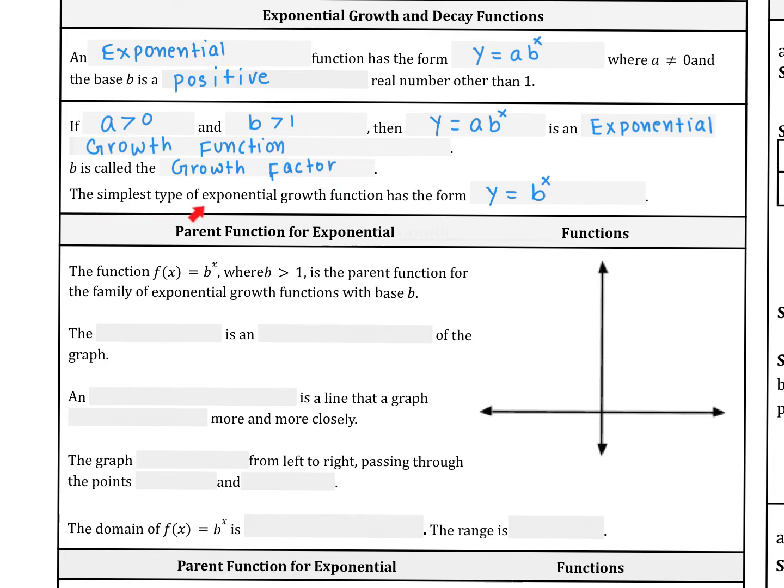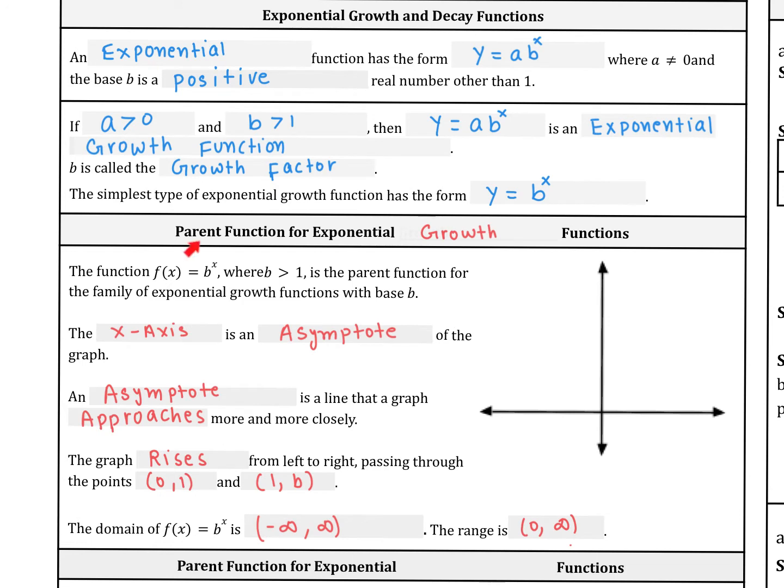The simplest type of exponential growth function has the form y equals b to the power x. Parent function for exponential growth functions: the function f of x equals b to the power x, where b is greater than 1, is the parent function for the family of exponential growth functions with base b.